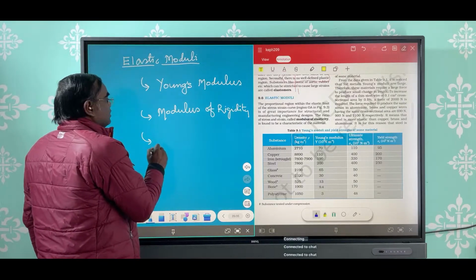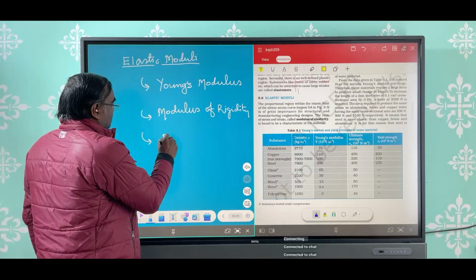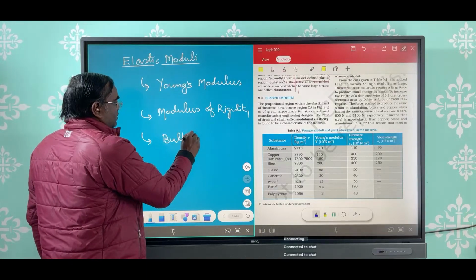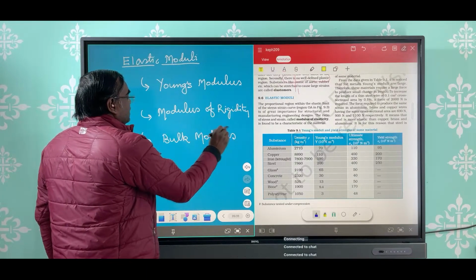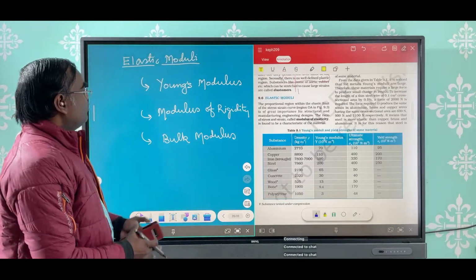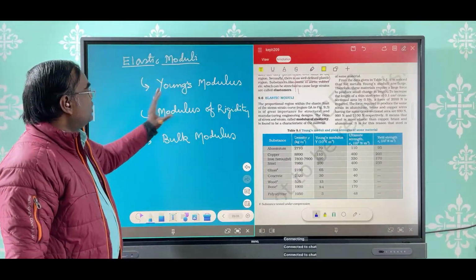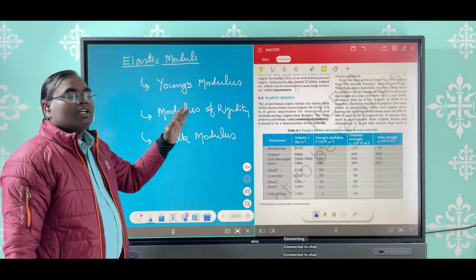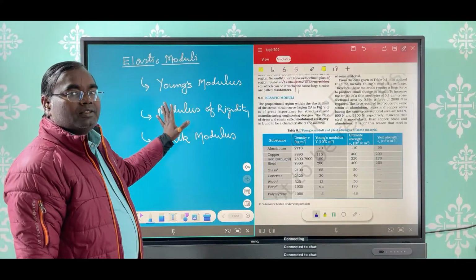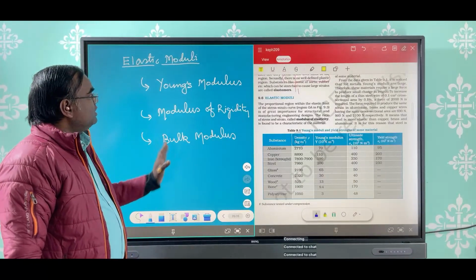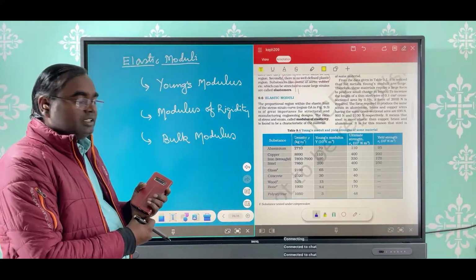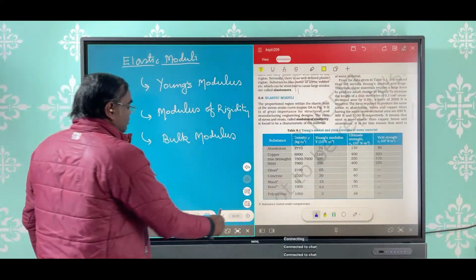And third one is the bulk modulus. These are the three moduli: Young's modulus, modulus of rigidity or shearing modulus, and bulk modulus. And these moduli are defined; we'll discuss them one by one.